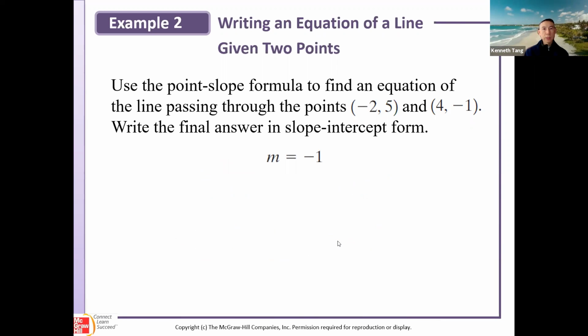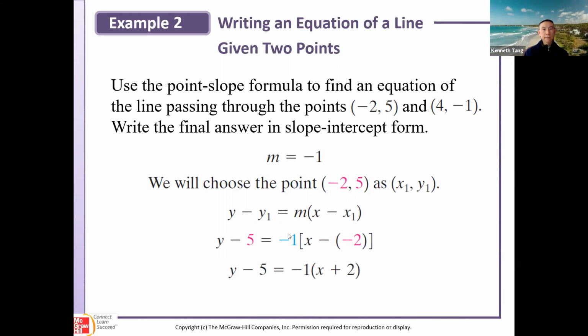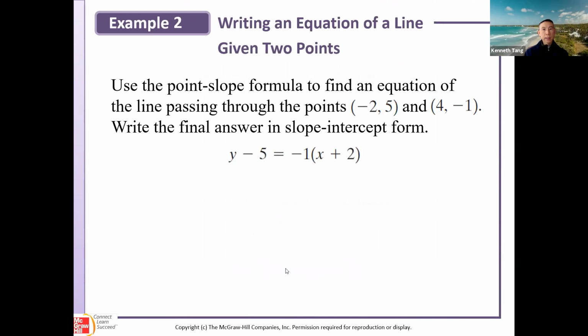Now you can choose any point. You choose -2 and 5 as your x1, y1, and then substitute into the point slope formula and solve for y to get the slope-intercept form.